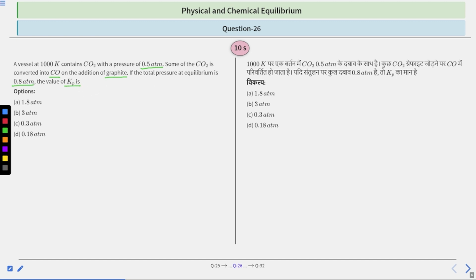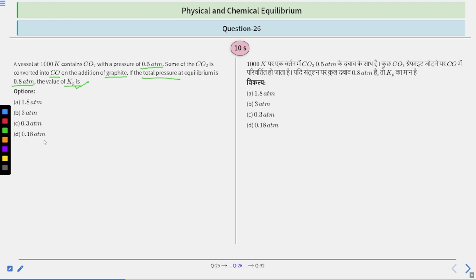We are given the total pressure at equilibrium, and that the pressure of the vessel is initially 0.5 atmosphere, and some of the CO2 is converted to CO on addition of graphite. We have to find out Kp, that is the equilibrium constant in terms of pressure. Options are 1.8 atmosphere, 3 atmosphere, 0.3 atmosphere or 0.18 atmosphere.